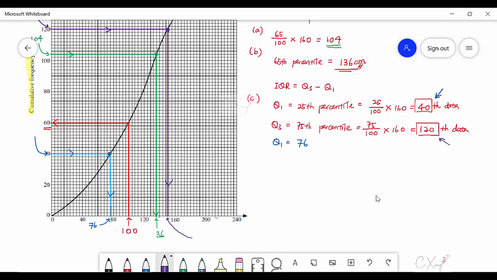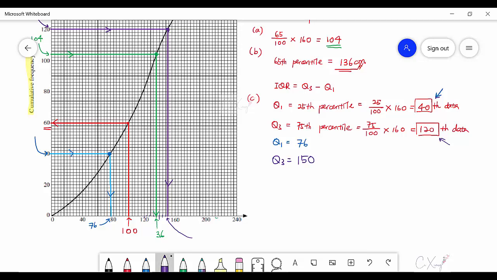If this is 120, this is 120, this is 140, 148. It is between 148 and also 152. So maybe for me, I'll write Q3 is equal to 150.